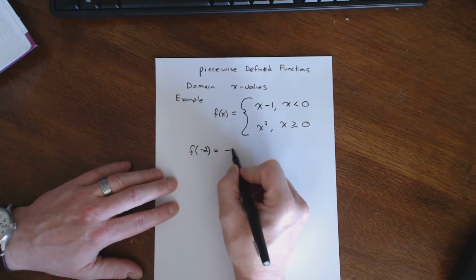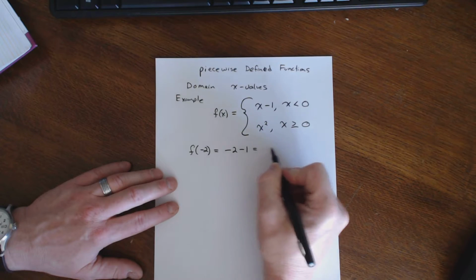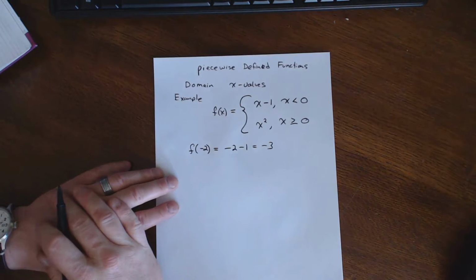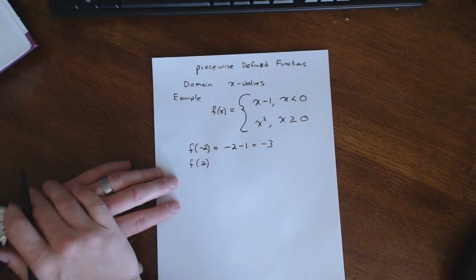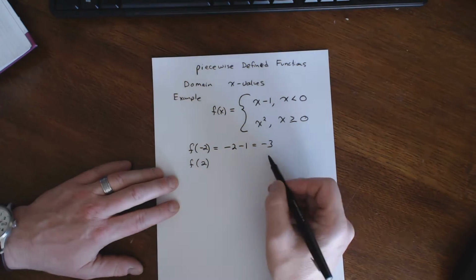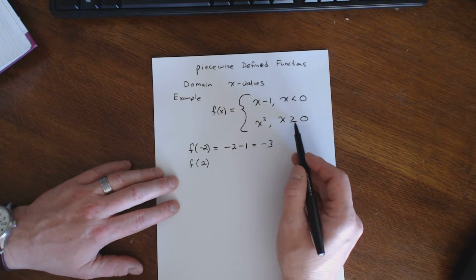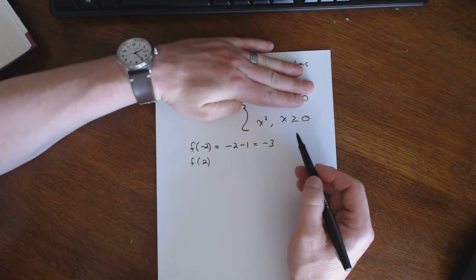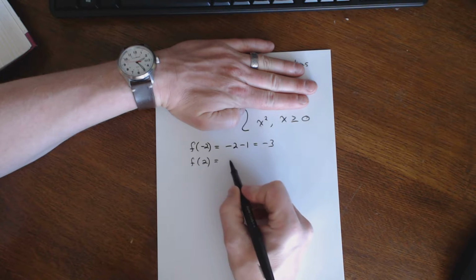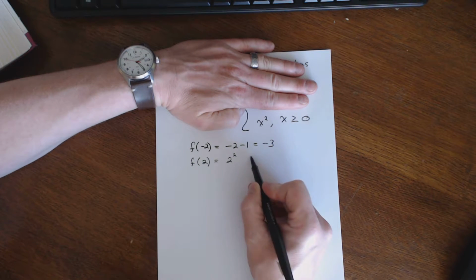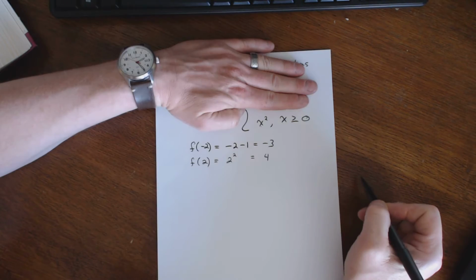So this is going to be -2 minus 1, which is going to be -3. I could also look at a different part of the piece, f of 2. And since 2 is greater than 0, it's going to go into this part of the function here. And I'm going to get 2 squared. So I'm going to do 2 squared. That's equal to 4.